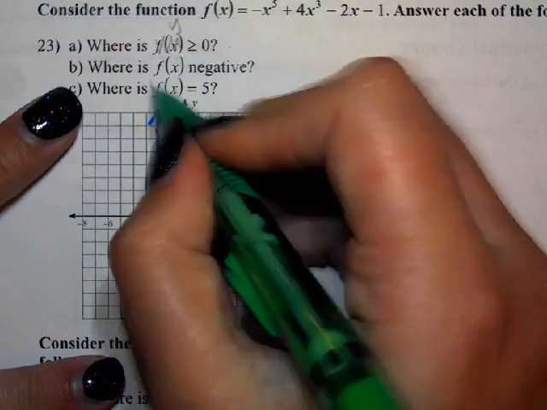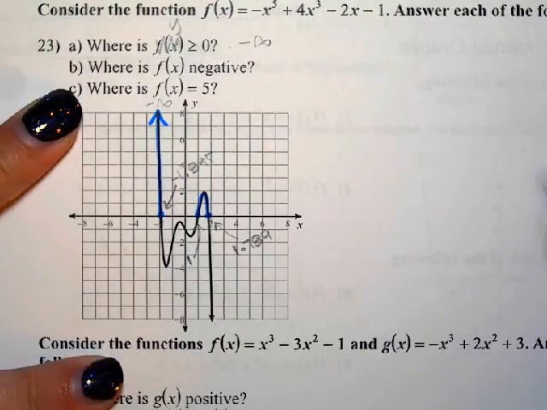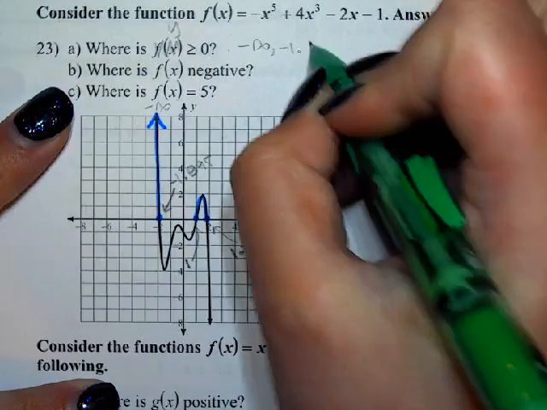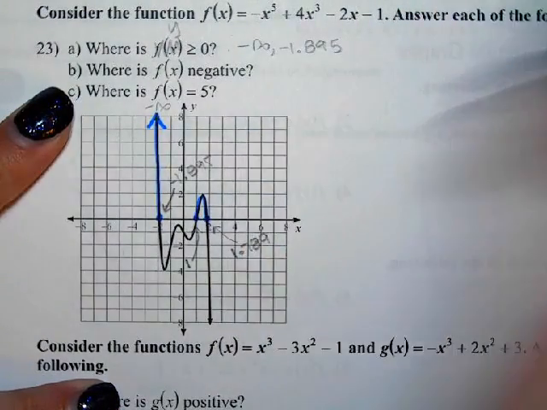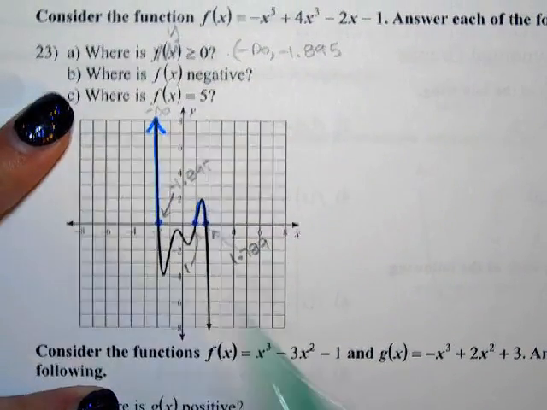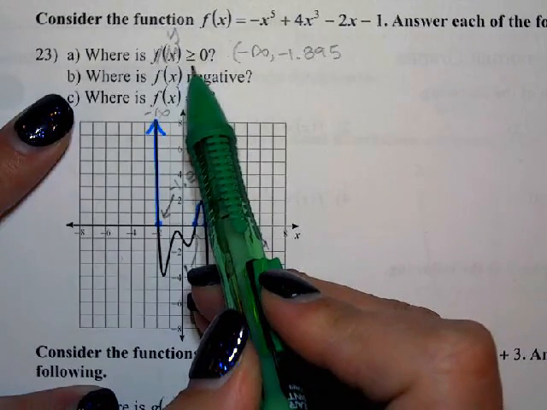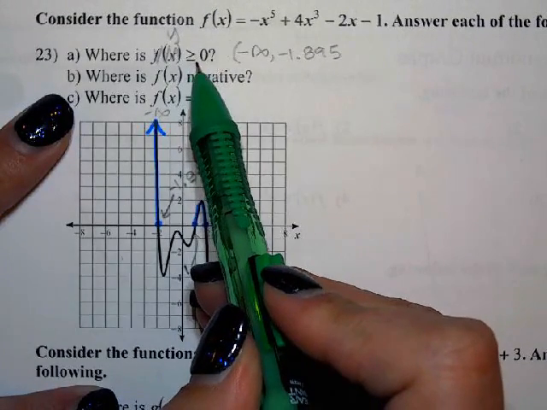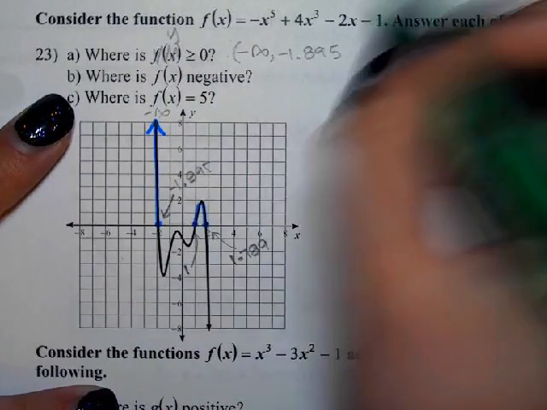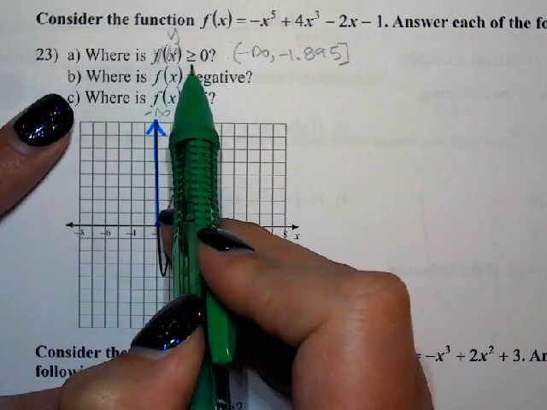Okay, so Jack, you started with the negative infinity. Okay, what else do we write? Parenthesis around the negative infinity always. Now, based on the way it's written, should we put a bracket or should we put a parenthesis with the negative 1.895? Bracket, because we are including where the function equals 0. Does that make sense?